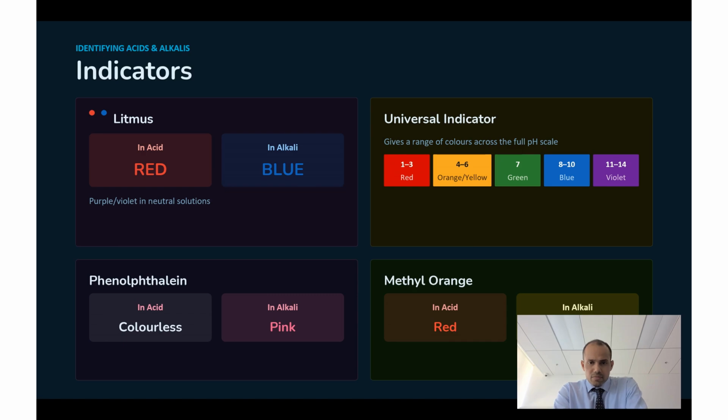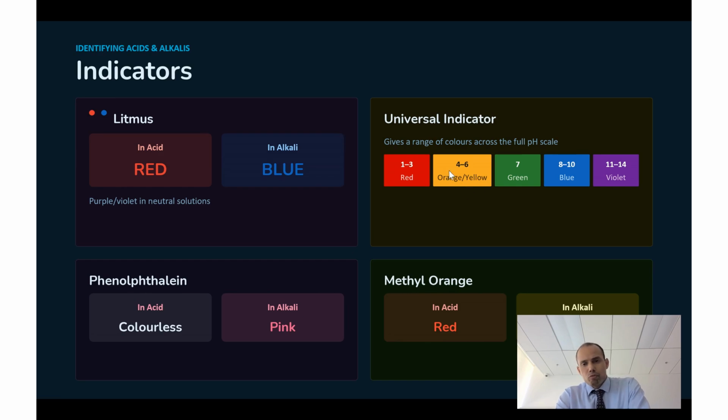Indicators. Right now we have indicators. For example, litmus paper: in acid it is red, but in alkali it's blue. Phenolphthalein in acid solution is colorless, while in alkali it's pink. Universal indicator shows red when the pH is 1 to 3.